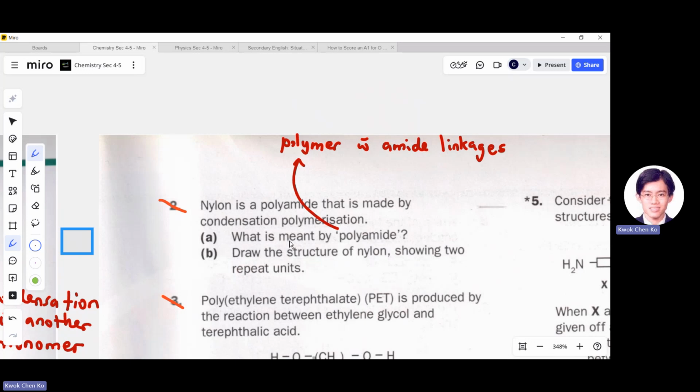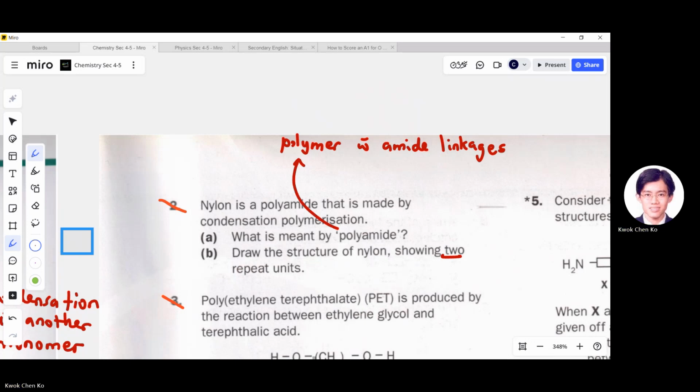All right, structure of nylon, 2 repeat units. Okay, and then there are 2 types of polyamides. Either one is fine. Make sure you have 2 repeat units. No, this one. How many units do you draw?